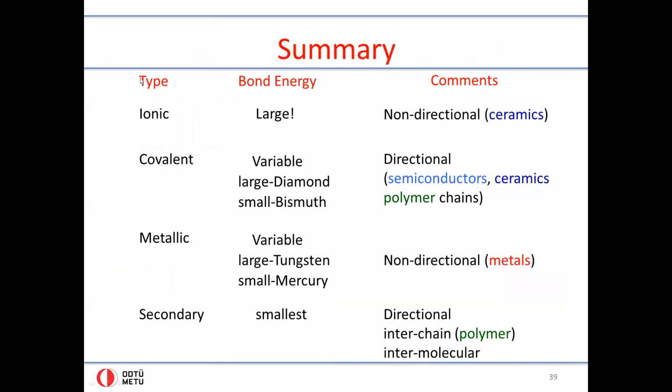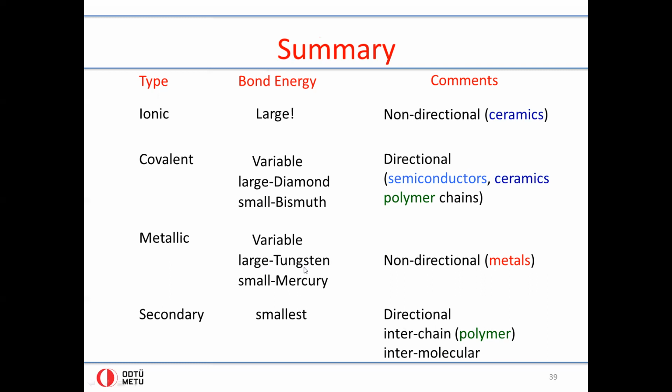So then we summarize. We say that as you change the type of bond, ionic, covalent, metallic, secondary, the bond energy, which is related to how much attraction energy is felt between two neighboring atoms or ions, hence which is related to how strong you are or how high your melting point is, is large for ionic, and a little lower for covalent and metallic, deemed variable because it is large for diamond and small for other examples.